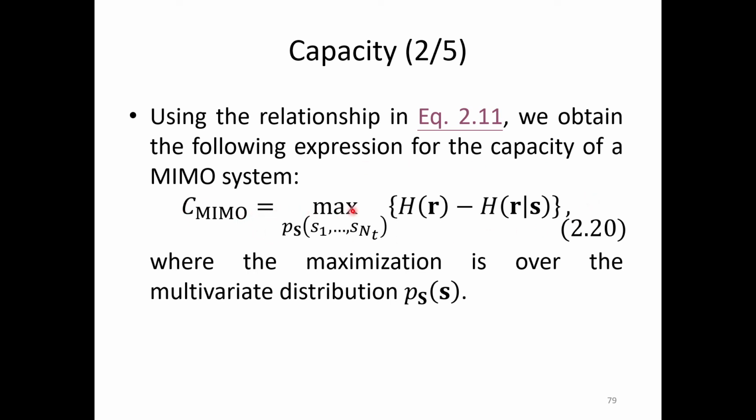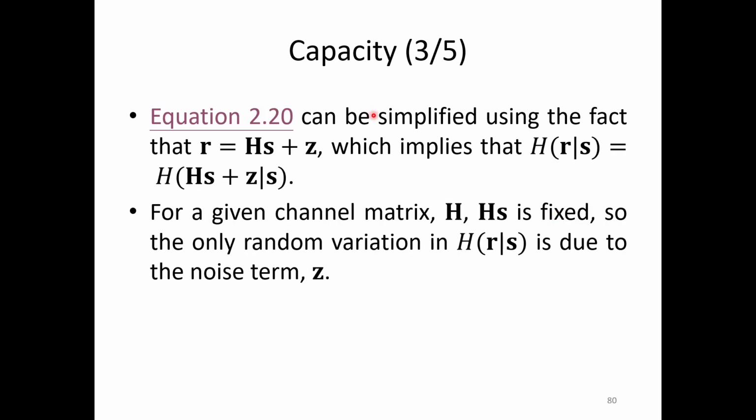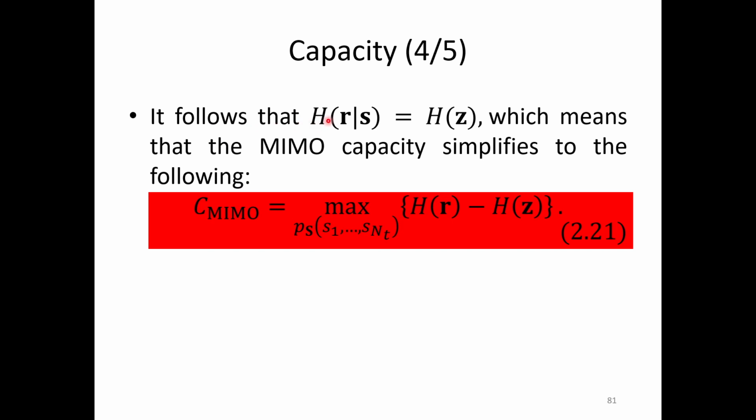C MIMO is equal to the maximum of the entropy of R minus the entropy of R given S. Equation 2.20 can be simplified using the fact that R is equal to H times S plus Z, which implies that H of R given S is equal to H of Hs plus Z given S. For a given channel matrix, Hs is fixed, so the only random variation in H of R given S is due to the noise term Z. So it follows that H of R given S is equal to H of Z, which means that the MIMO capacity simplifies to the following.